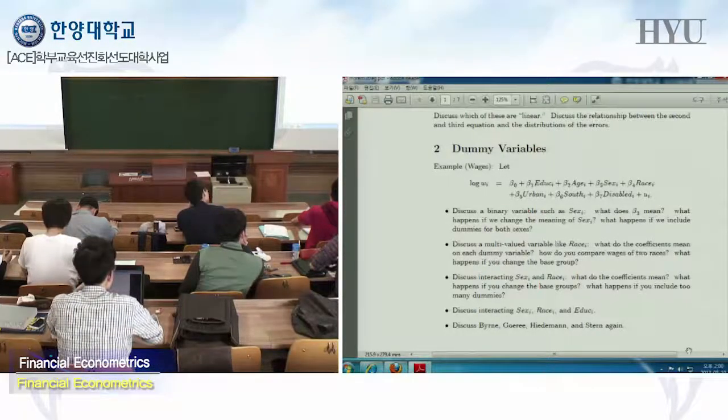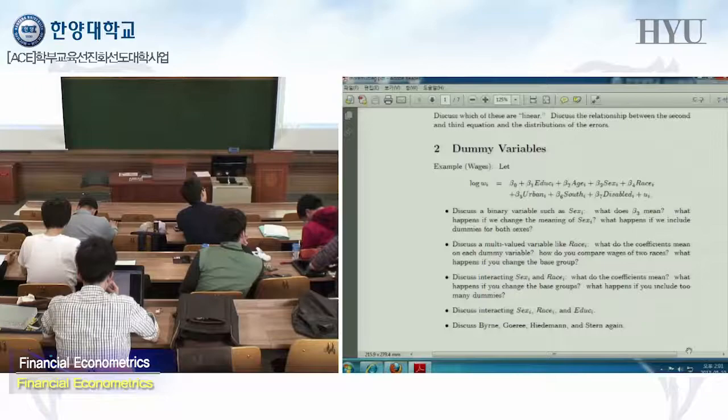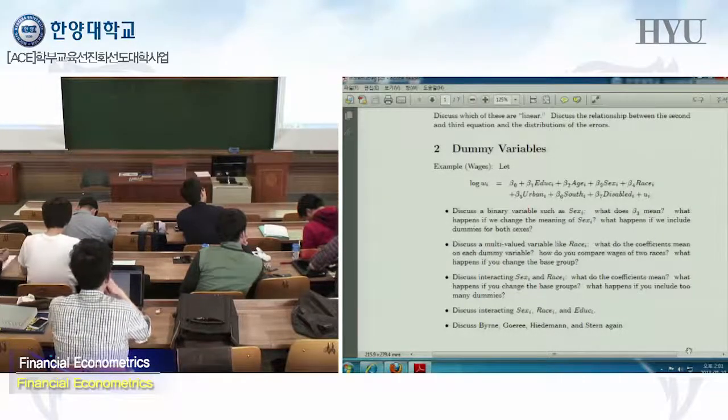So when we want to analyze the effect of gender, we use a variable called a dummy variable. Because it is a binary variable, we can define gender as 1 when an observation is male and 0 when female. It is binary, so 1, 0.